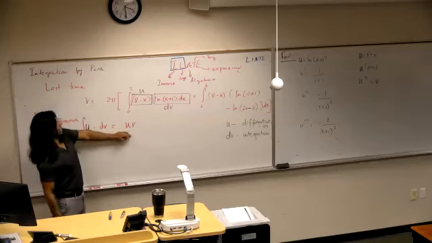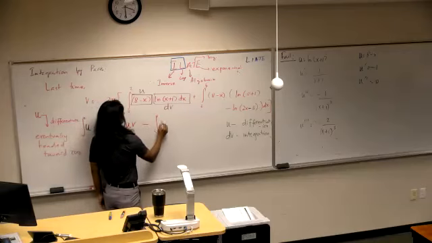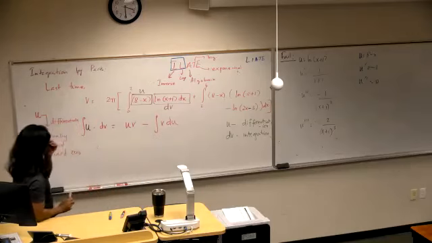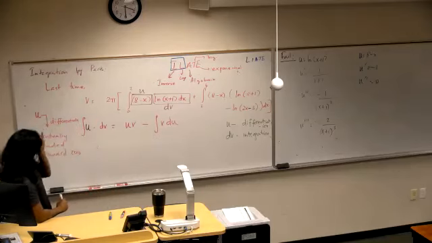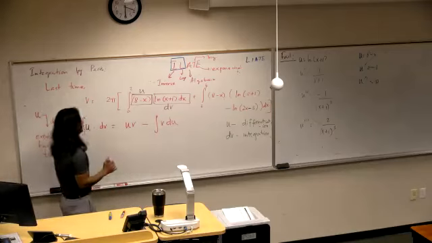Standard: uv minus integral v du. Good. That is standard, and there is a reason why it is the way it is.